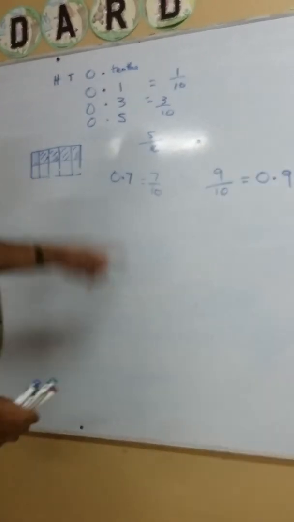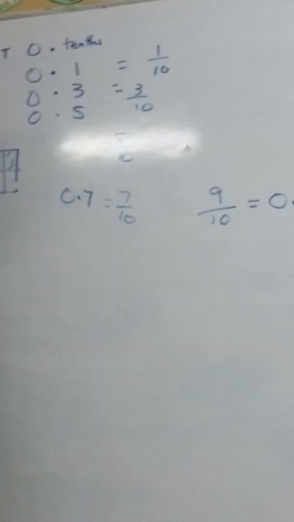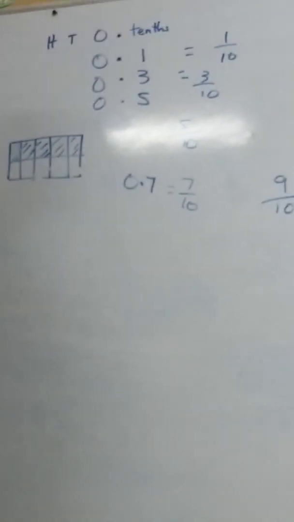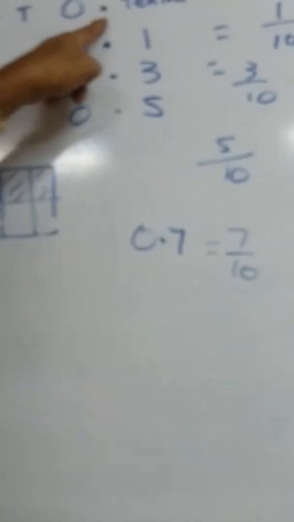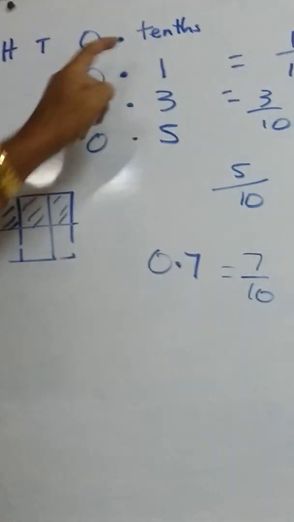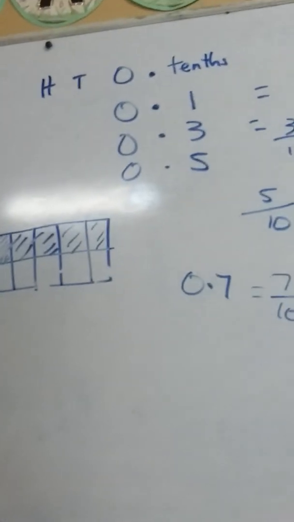So let's recap what we would have done. We said that there is a place value chart, and on the place value chart, we can represent our fractions based on tenths, because there's a decimal point that is understood to the right of the ones, and the decimal point is used to separate wholes from fractions.